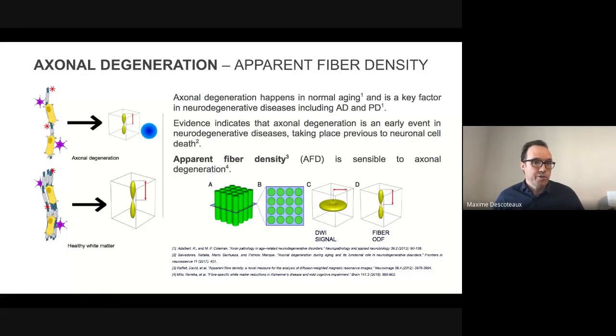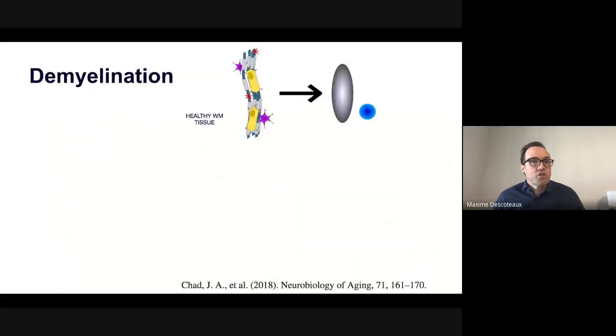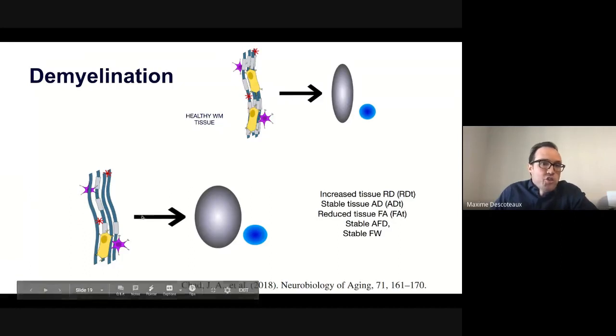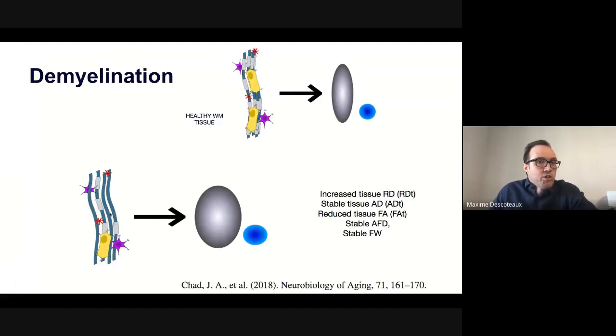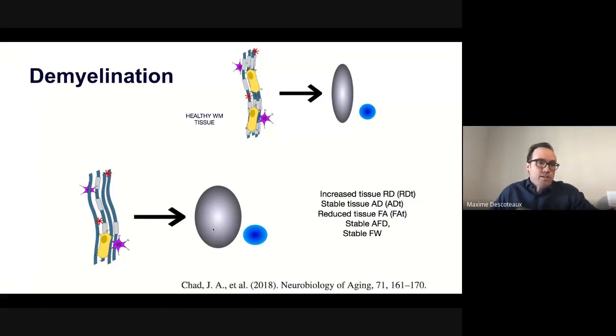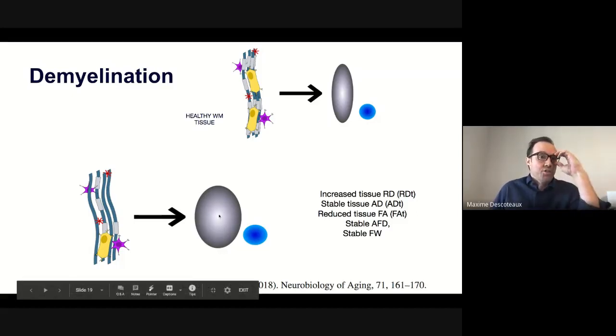And finally, once you've accounted for crossing fibers and free water contamination, if you're in a case of demyelination, you're losing the myelin sheath, it's easier for the water molecules to diffuse perpendicularly here. And what you see once you've accounted for the extracellular free water phase is that this diffusion tensor part that's really attributed to the tissue compartment, if it gets fatter, you can basically link demyelination to this radial diffusivity of only this tissue part diffusion tensor.